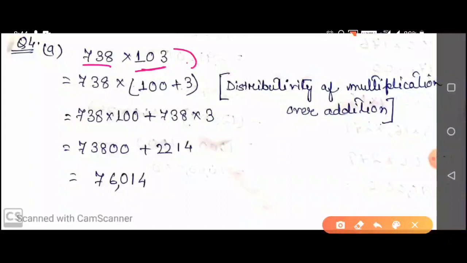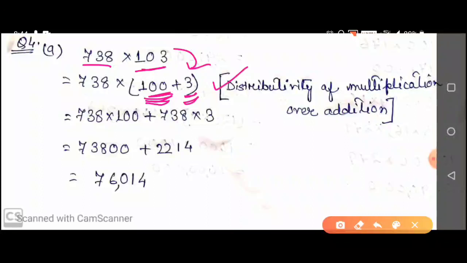Now see, here we can break 103, and it will be easier for us if we write 100 plus 3. So you have to remember that whenever you break the number, you have to see that the numbers you are writing inside the bracket at least contain 0. See here, 100 contains 0, so that our calculation will be easier. So this is which property? Distributivity of multiplication over addition.